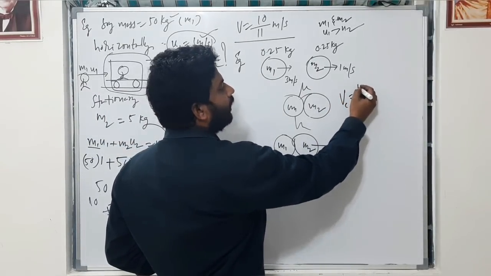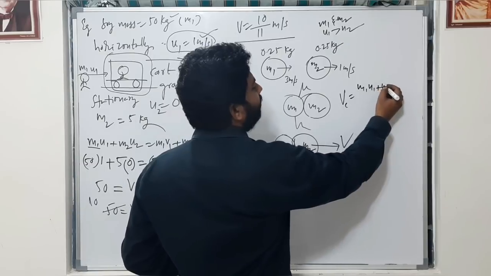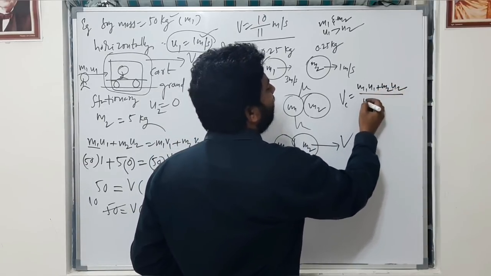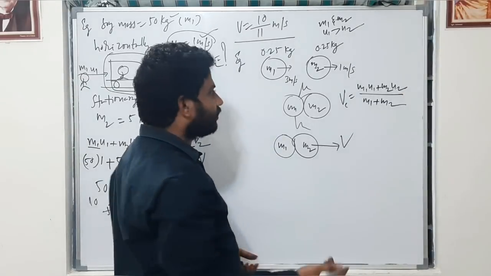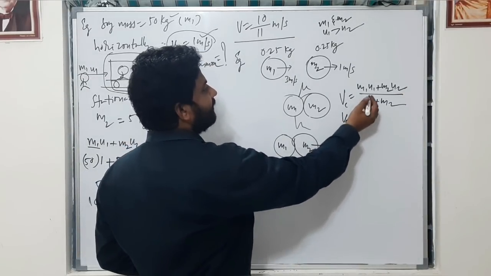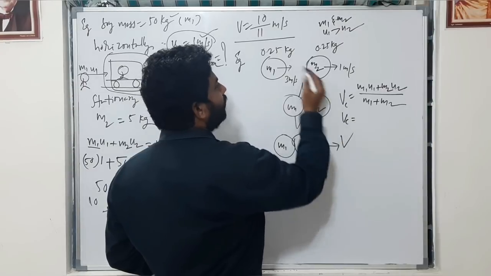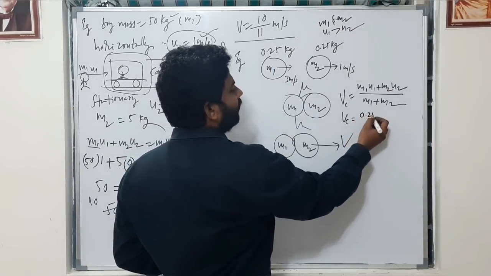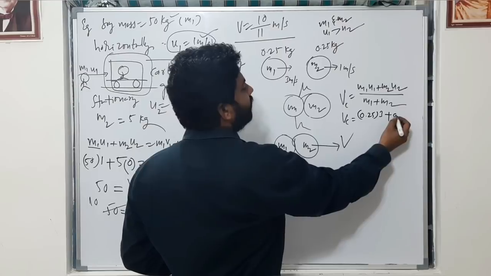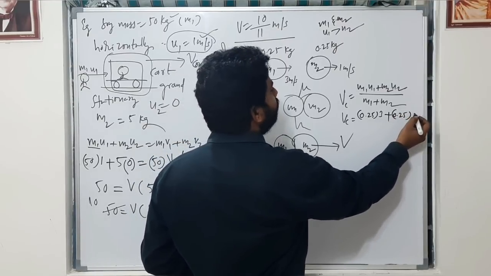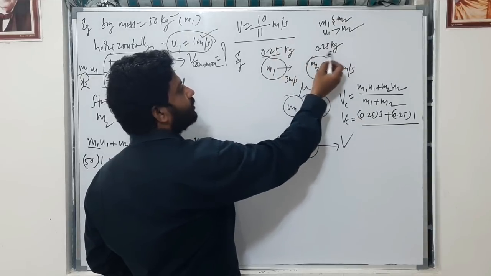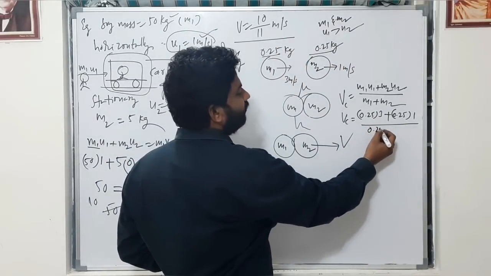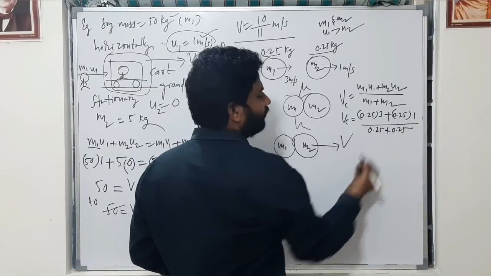We have the formula (m1 u1 plus m2 u2) by (m1 plus m2). You can just substitute everything. Common velocity is m1, m1 is how much? 0.25 into 3 plus 0.25 into 1, divided by m1 plus m2. m1 is how much? m2 is how much? 0.25 plus 0.25.